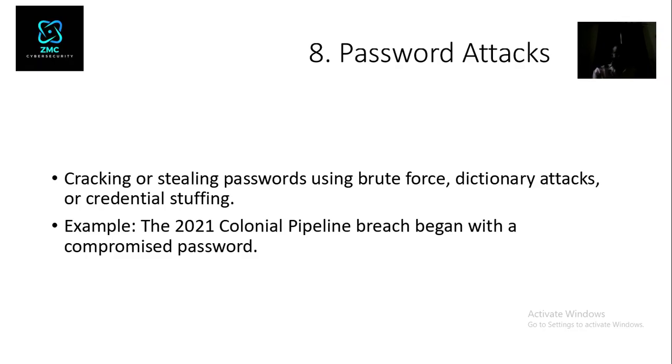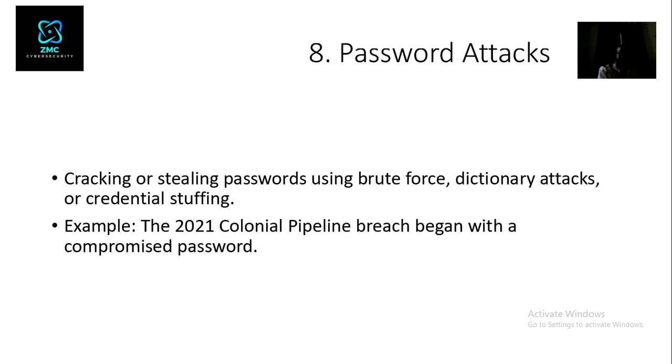The eighth one will be password attacks. That's when cracking or stealing passwords using brute force, dictionary attacks, or credential stuffing. In times past, there were so many tools used for this kind of attack, for example Cain and Abel. You may not find it on the net, but if you have access to Linux software, you might still find it.